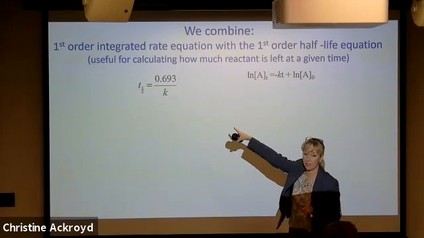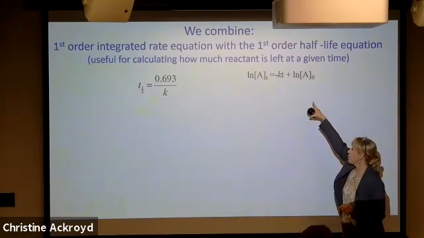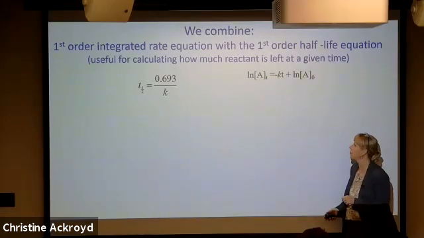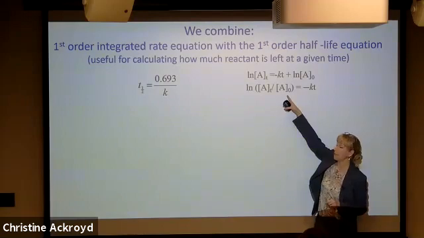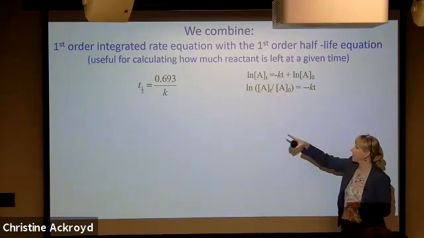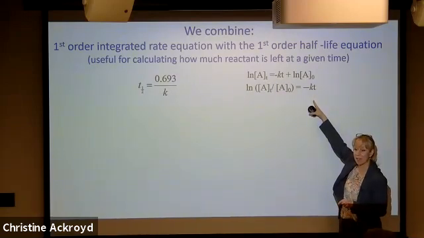So we know the definition of a half-life. It's related to the rate constant. And we know the first order integrated rate equation expressed in linear form, right? That actually is a rearrangement of this. Okay, what if I don't want to talk about k, I want to talk about number of half-lives instead.